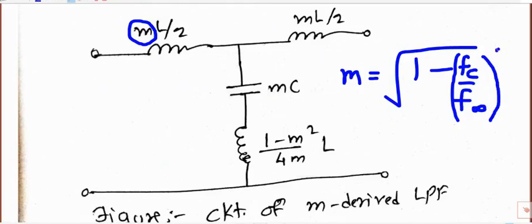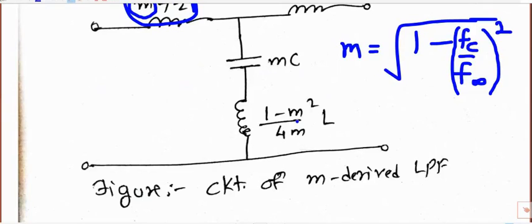By this formula we calculate the value of M, and then to find the value of the inductor, just multiply M into L by 2, M into L by 2, M into C. And here a little bit different, (1 minus M square) divided by 4M, you calculate that, then multiply with L.